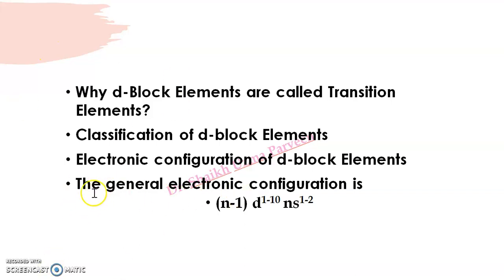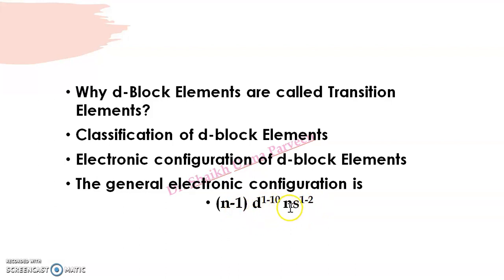So you can see the general electronic configuration can be given as n-1 d 1 to 10 ns 1 to 2, where n-1 may be 3d, 4d, 5d.